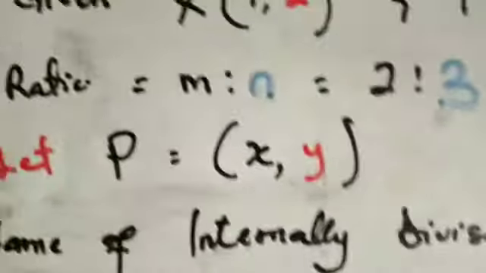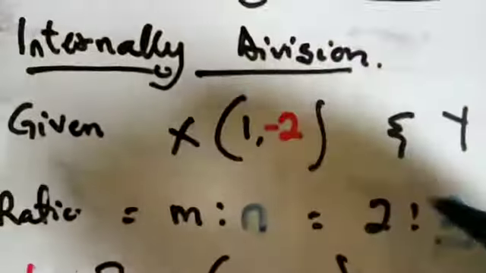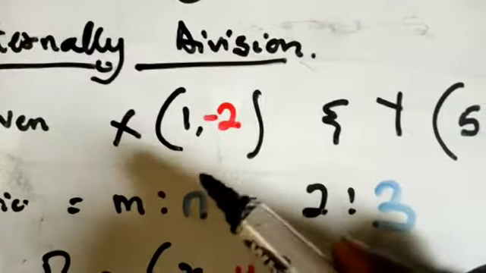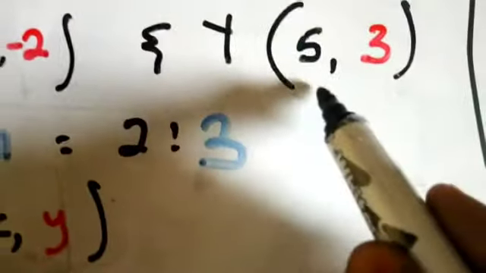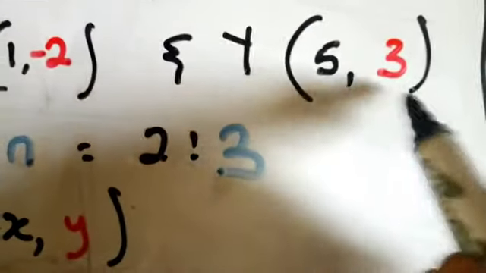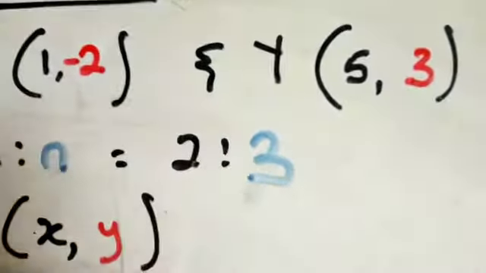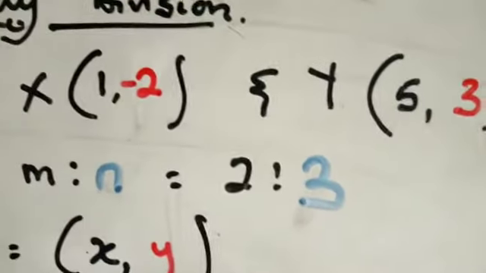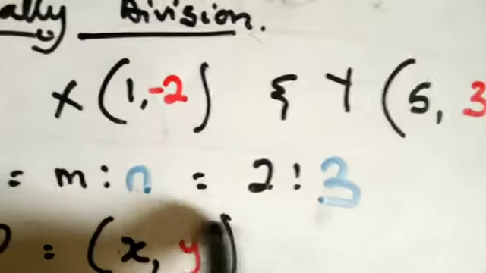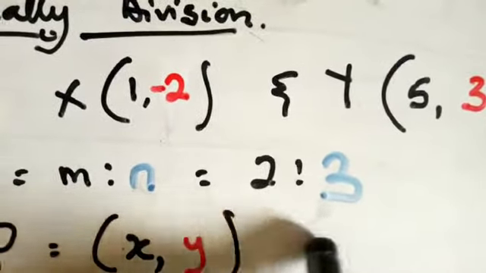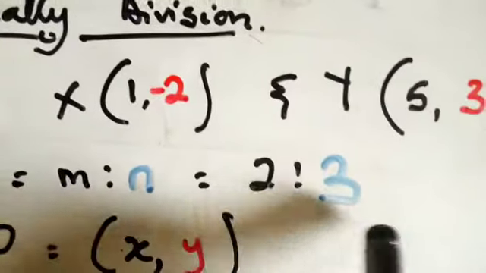We are given the first point to be (1, -2), and the second point y to be (5, 3), and then the ratio in which they are dividing. This ratio means how P divides the line into two parts, not necessarily equal, but one side is smaller than the other.